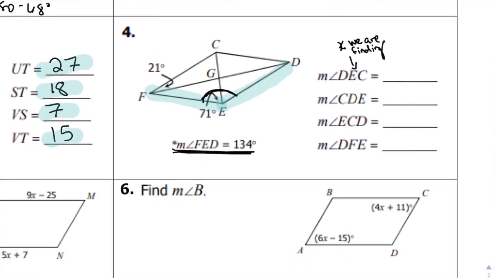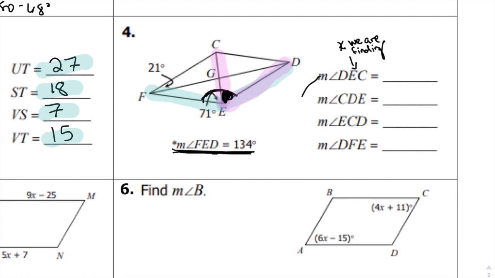If we want to find D, E, C, I'll outline that in a different color. D, E, C, we're going to need to use this information. We only want to find this portion, and we know the other half of that angle is 71.